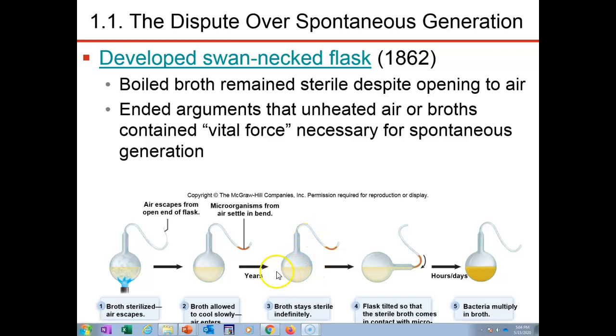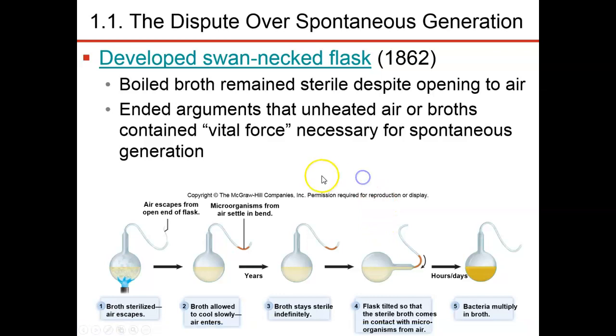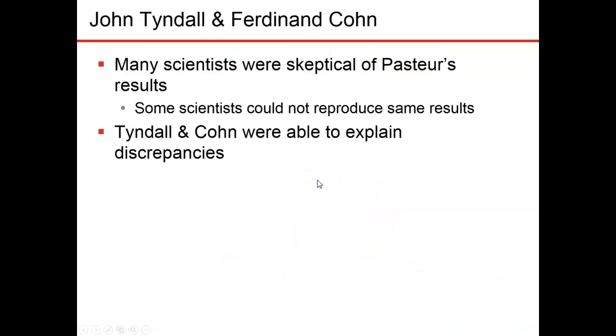The only way the broth would become contaminated was if you allowed the broth itself to move into the neck or if you broke the flask neck off. And so this debunked spontaneous generation.